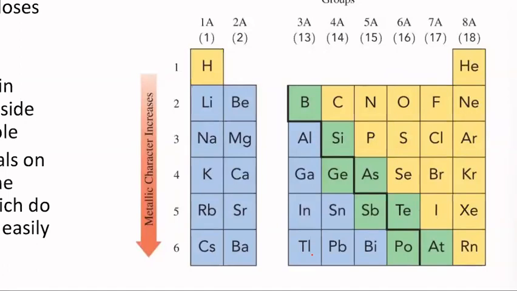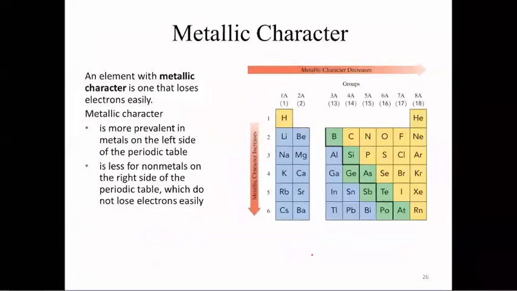So that means that metallic character increases as we're moving down within a group. And it can be illustrated better in some of the groups in the periodic table. So we can see it clearly, for example, here in group 4A and group 5A. And those are the two trends that you guys need to know.